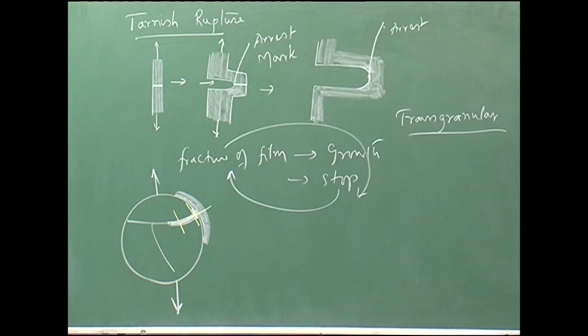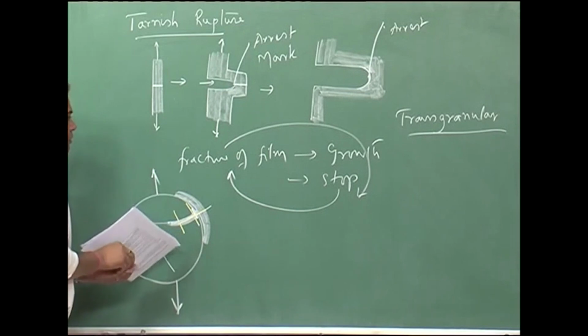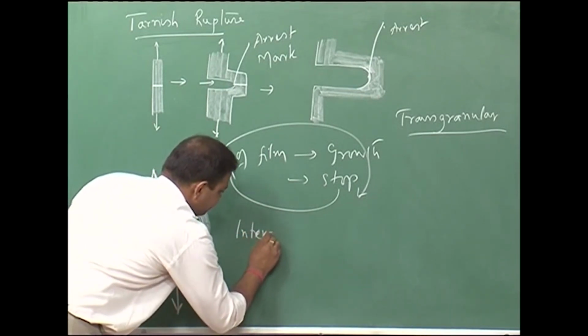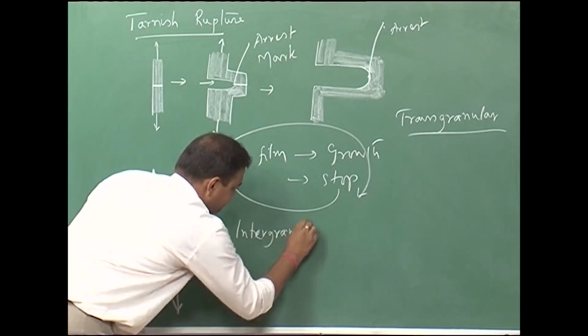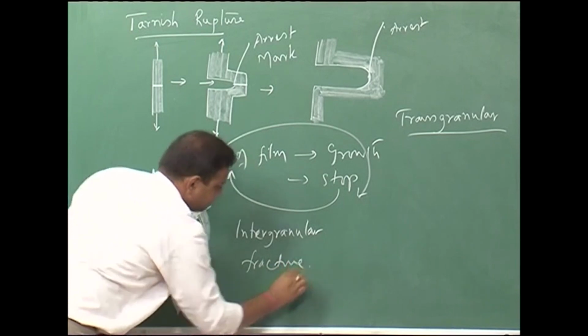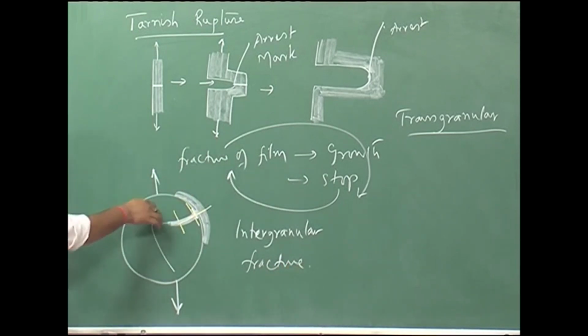That way we can explain the intergranularity of fracture, intergranular fracture. So, this is the modified tarnish rupture model.